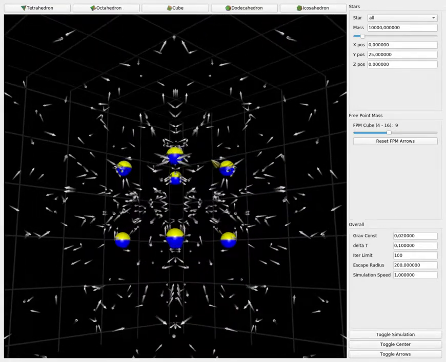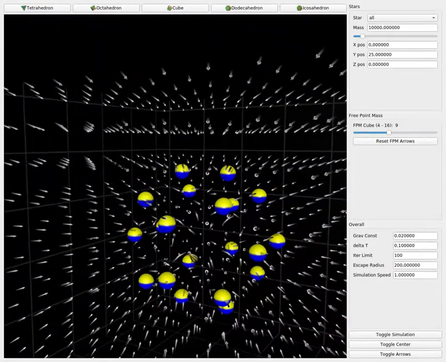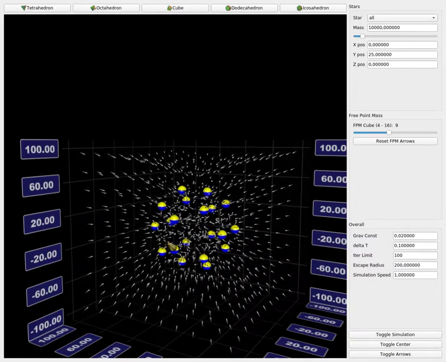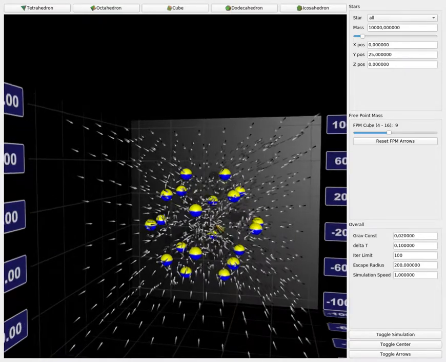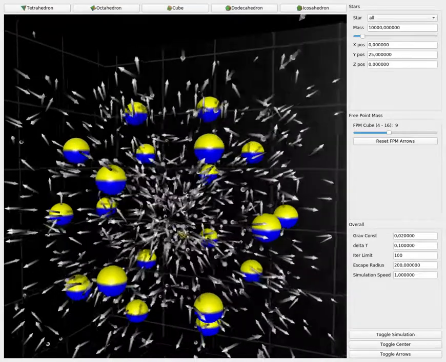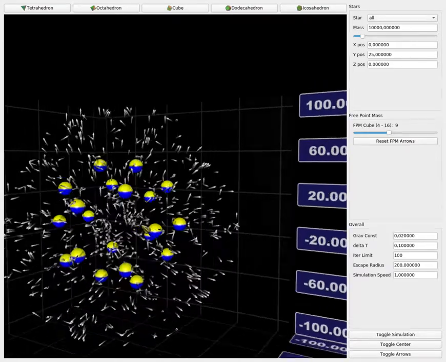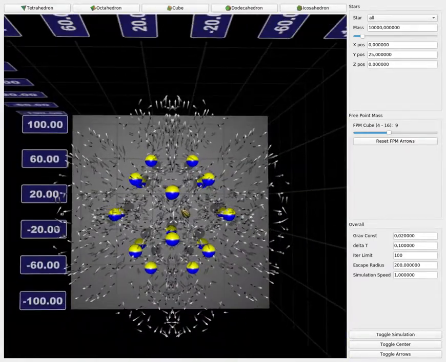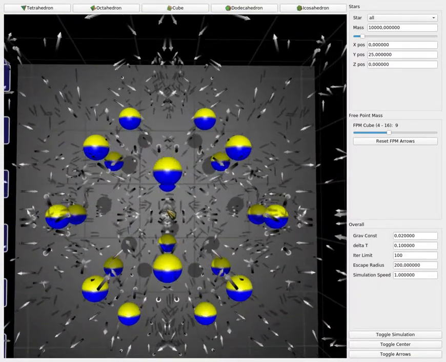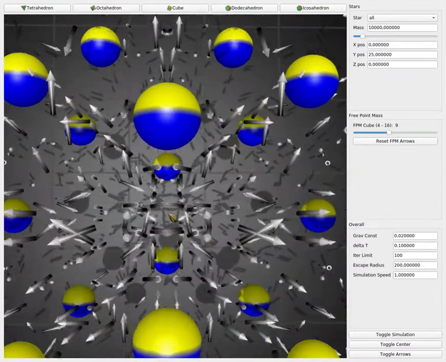Okay, let's go to the dodecahedron. Things tend to get more chaotic and harder to see patterns, especially with this many stars.